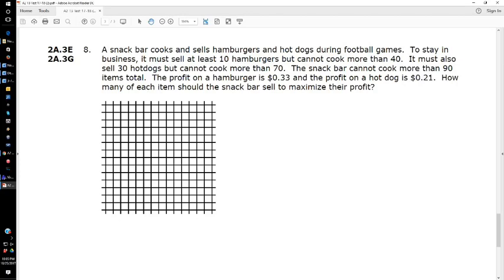Okay, so I can do 10 hamburgers, but not more than 40. And 30 hot dogs. I've got to use some other letter, don't I? Let's do D for dogs. But no more than 70.